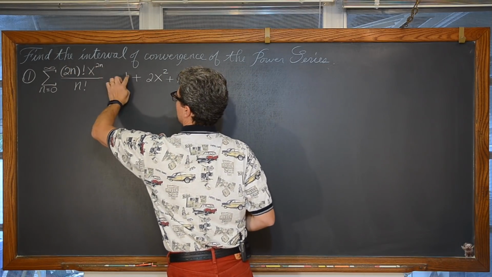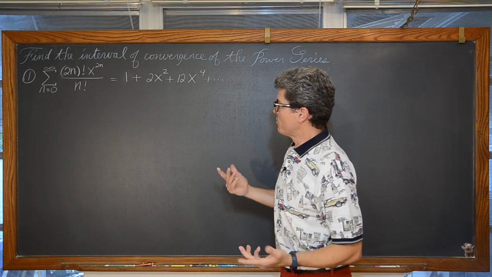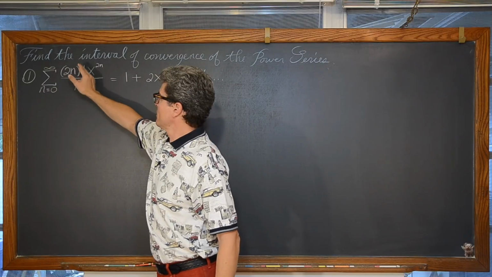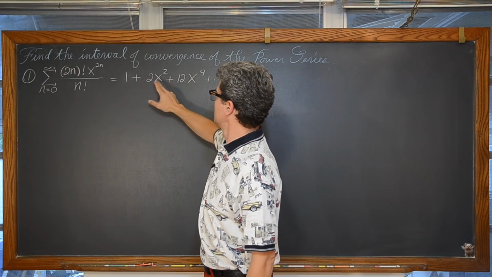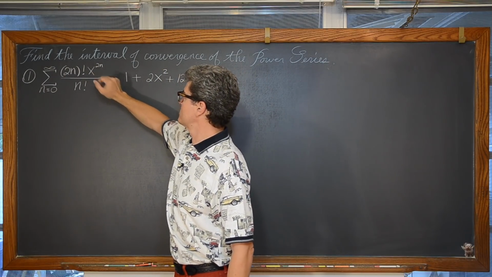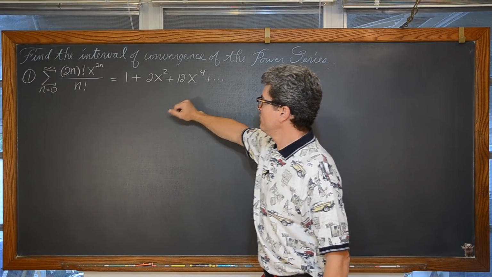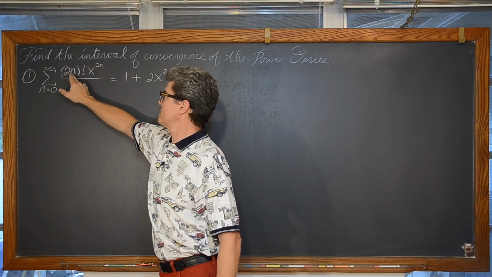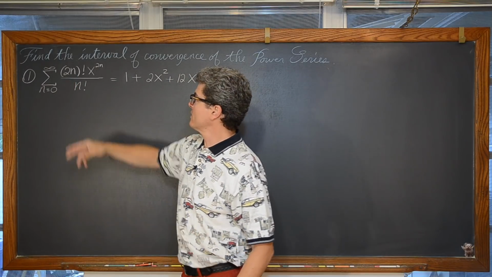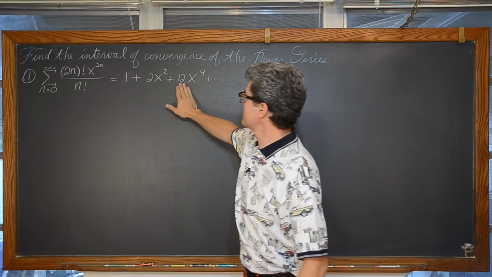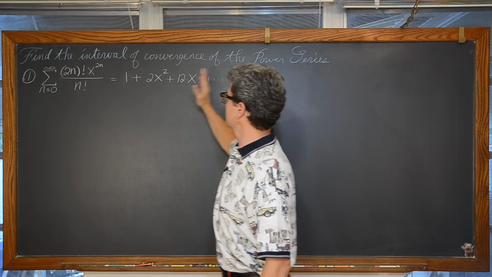And x to the 0 power is 1. And then when we let n equal 1, we have 2 factorial over 1 factorial, which is 2, and then x to the 2 times 1, which is x squared, and then plus 12 with n equals 2. We have 2 times 2 is 4, 4 factorial is 24 over 2, which comes out to be 12, and we have x to the 4th, and so on and so on.